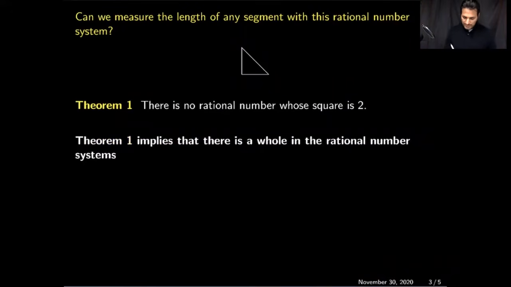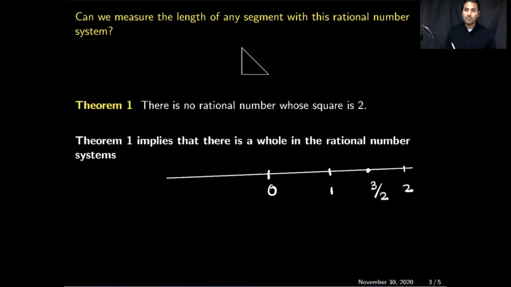And also you can see that if you draw the number line, let's suppose you have 0 here, you have 1 here and 2 here. And here is somewhere 3 halves, which is 1.5.